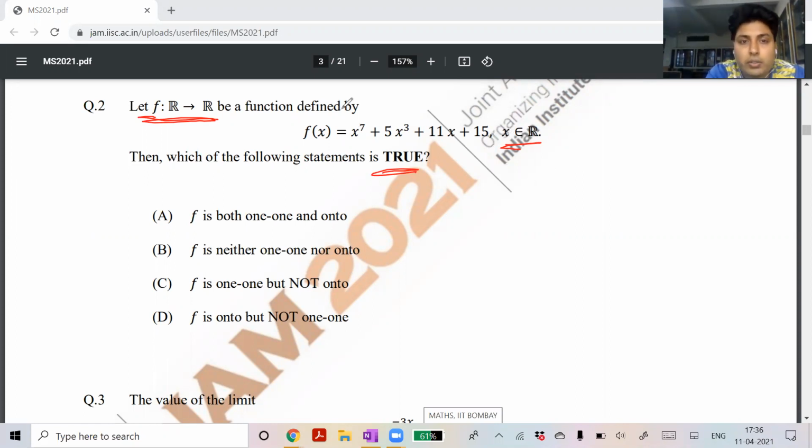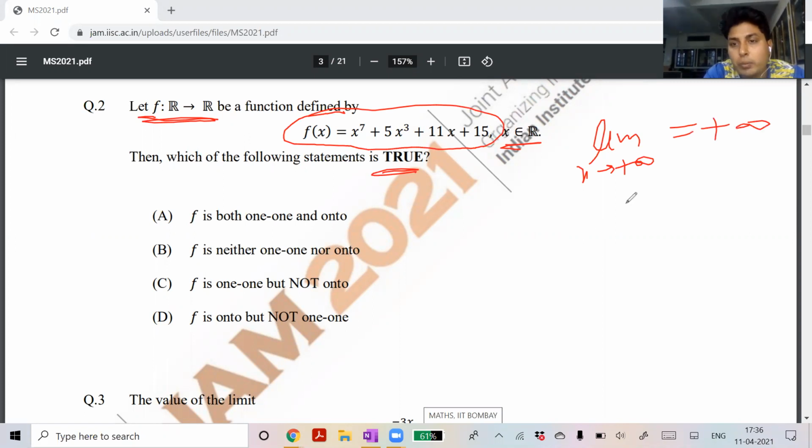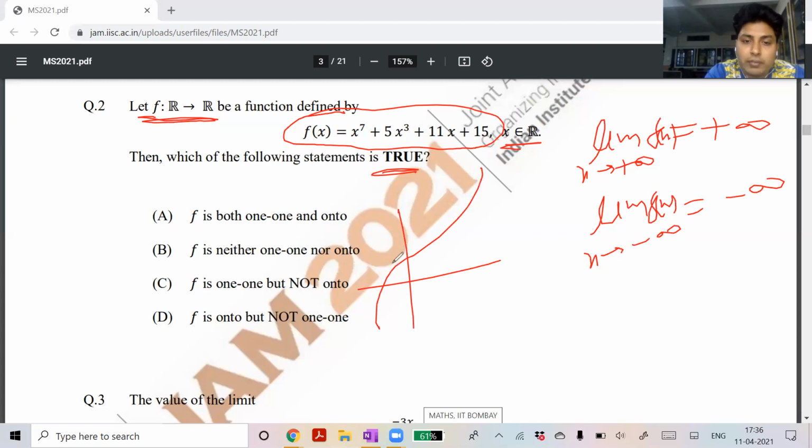Since this function is of odd degree, when you take the limit x tends to plus infinity, it will give us plus infinity. When we take the limit x tends to minus infinity, it will give us minus infinity. Since the function is continuous, the graph will look something like this.